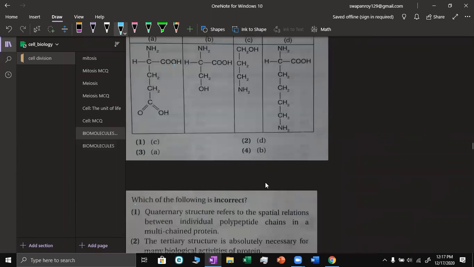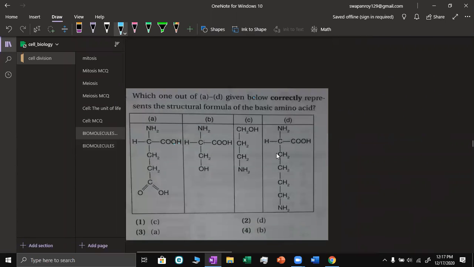Here is one question: which one out of A to D correctly presents the structural formula of a basic amino acid?